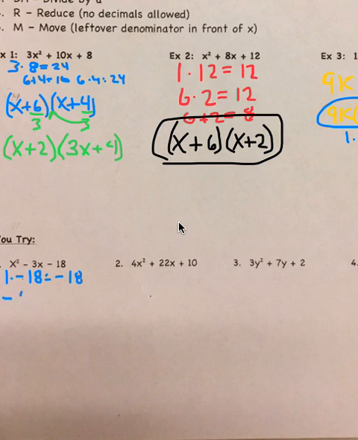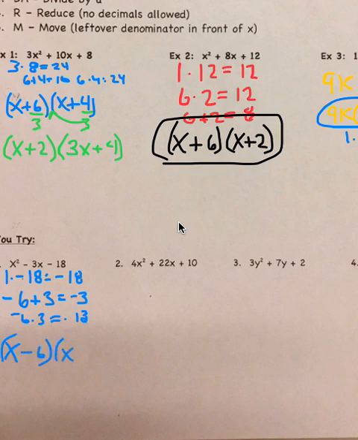Well, I'm going to go with negative 6 and positive 3. Those add up to be negative 3, and they multiply to be negative 18. So x minus 6 times x plus 3. And there, we're good, because its a value is 1.